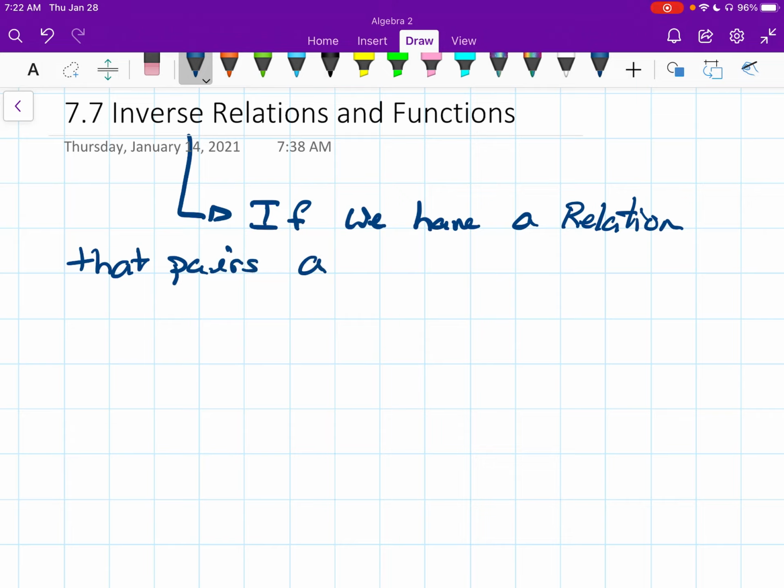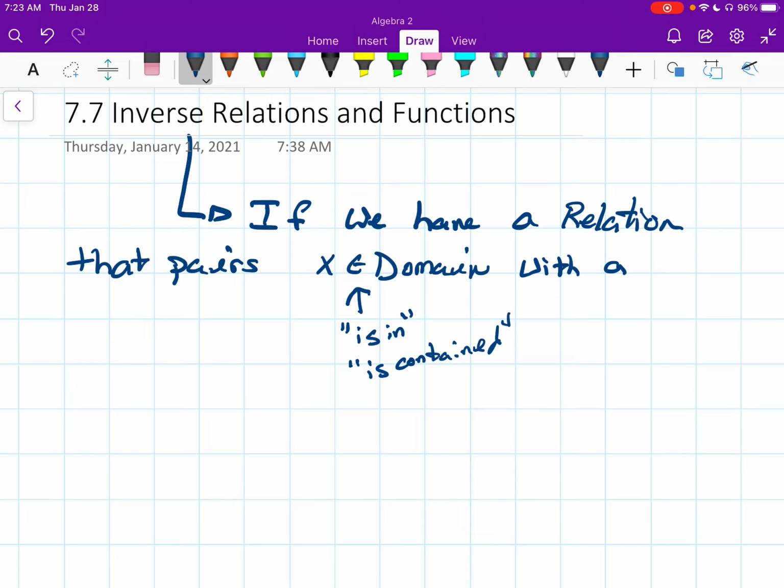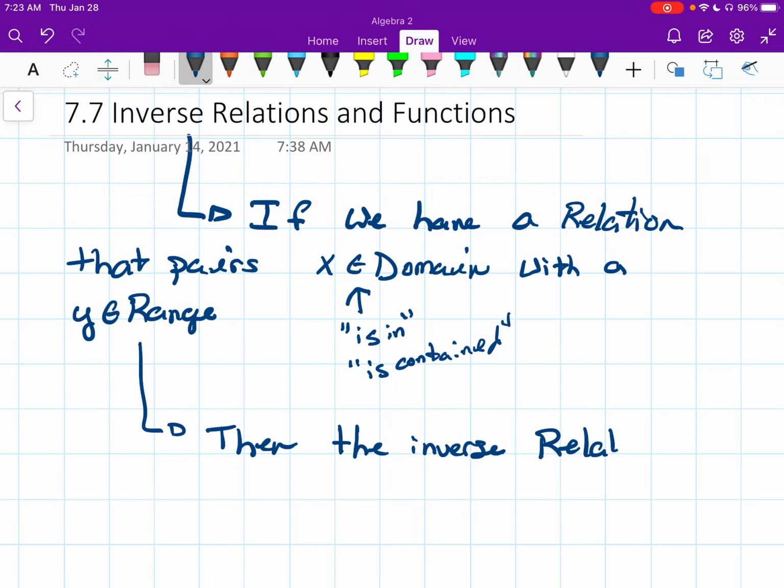If we have a relation that pairs an x that's in your domain, and this means is contained, so an x in your domain, with a y in range, then the inverse relation pairs y with x.